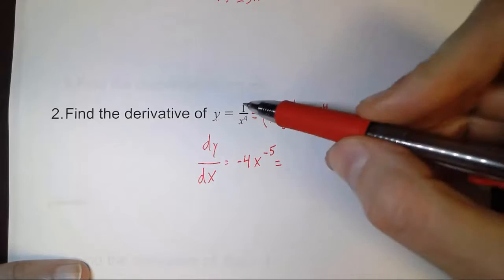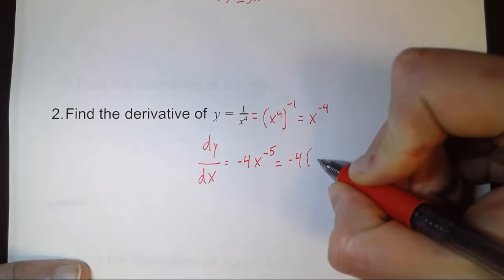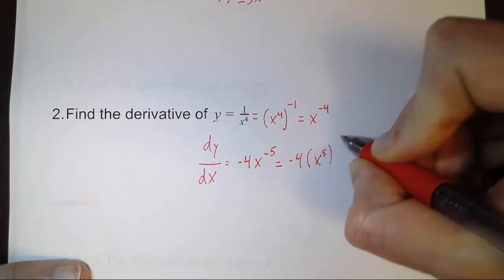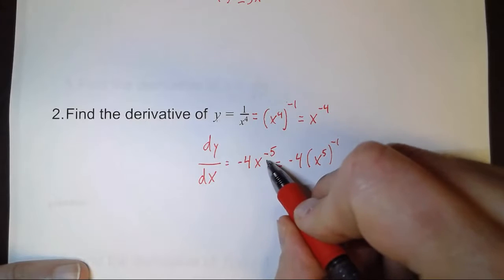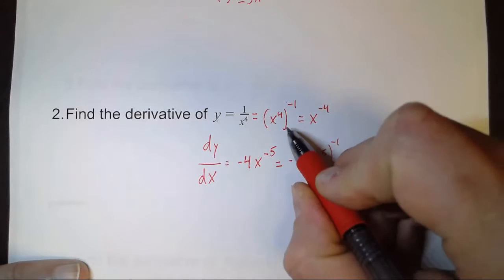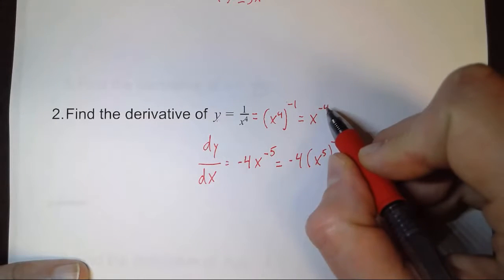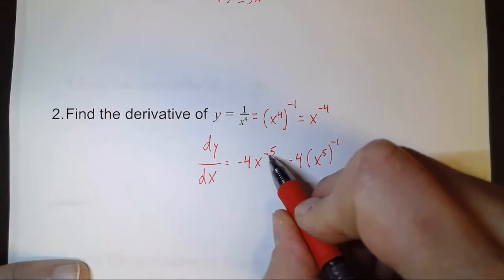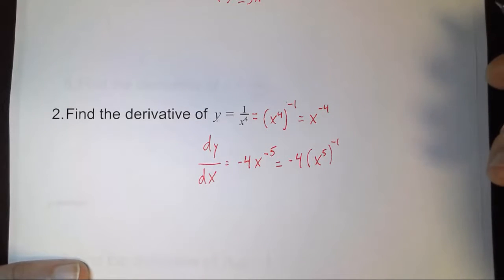The idea here is that raising something to the negative power, all that does is make it the reciprocal. So what I'm doing here is I'm just undoing what we did over here, where we put these two together and multiplied them to get negative 4. Here I'm saying, well, negative 5 is what you get when you multiply 5 and negative 1.